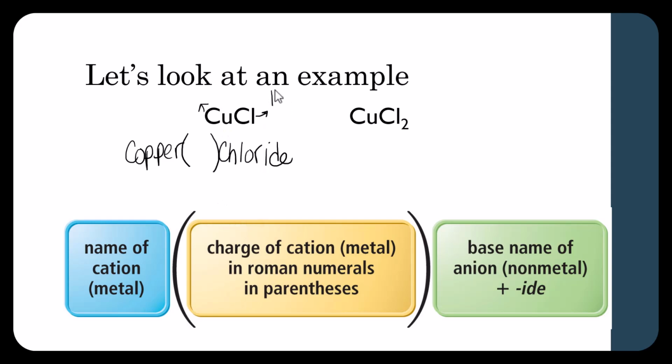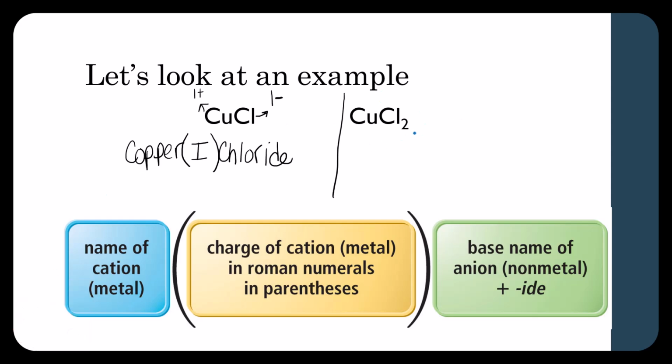If chlorine is a -1, this one individual copper must be a +1 to balance that out. +1, -1, and those are neutral. So we would write a Roman numeral 1 in the middle. The way that we would read this is copper 1 chloride.